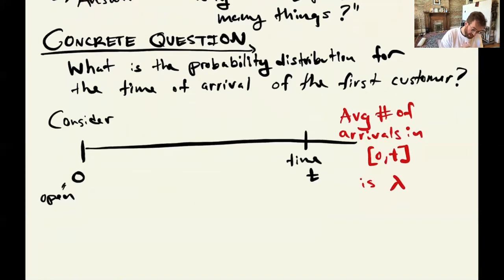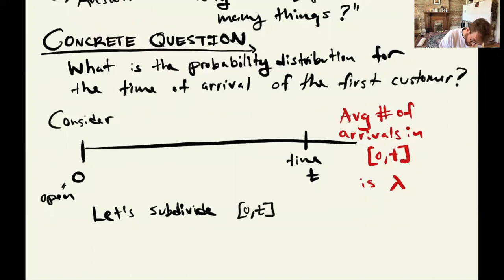So let's imagine I subdivide 0 to t into n little slices.